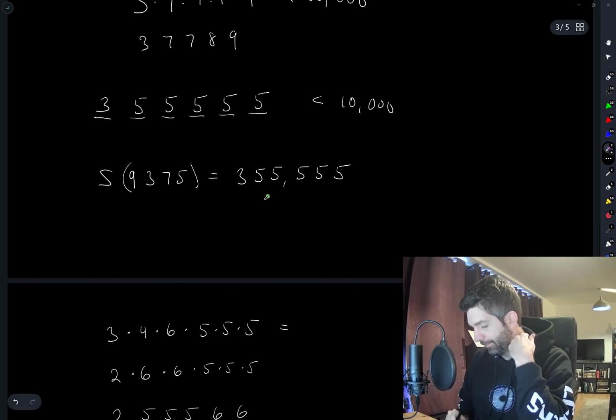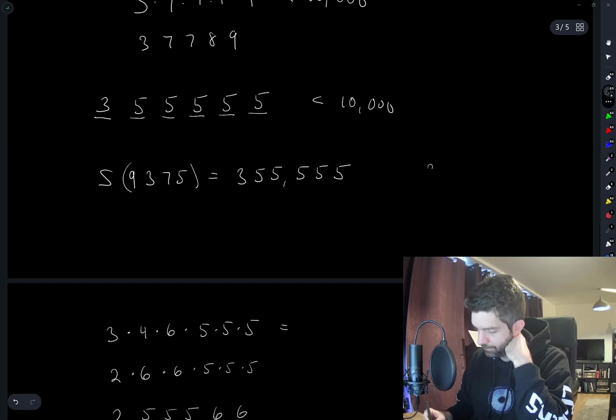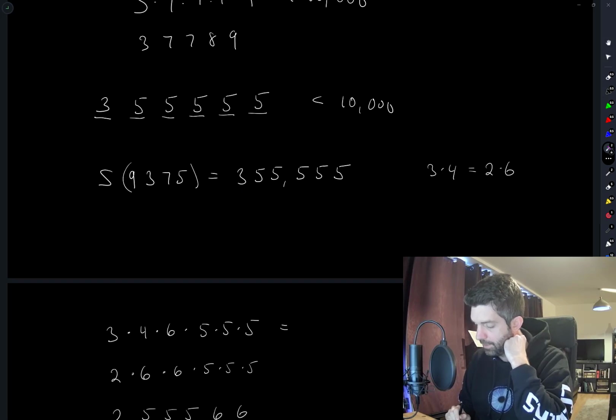And if I want to make this number bigger in any way, something's got to get bigger, and in return something else has to get smaller. But if I replace a 5 with a 4, 3 times 4 can be written as 2 times 6. And so the leading digit of 2 will be less than 3, and the whole number will get smaller, in fact, rather than bigger.